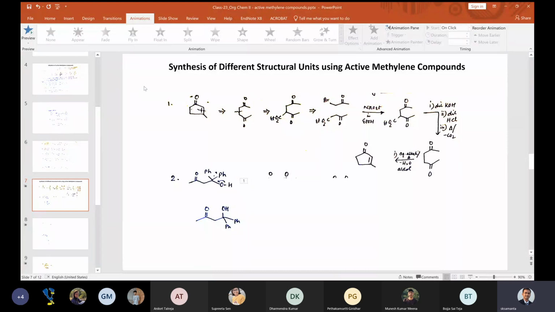I have already mentioned that this disconnection approach is very powerful, so you can go back in the reaction sequence using the disconnection approach, and you have to end up with a commercially available starting material or an easily available low cost starting material. Then you go in the forward direction to accomplish the final product. Correct? That is basically the disconnection approach. Here we are going to follow the same.